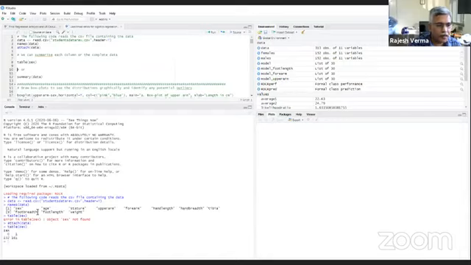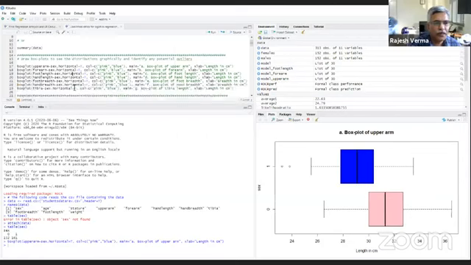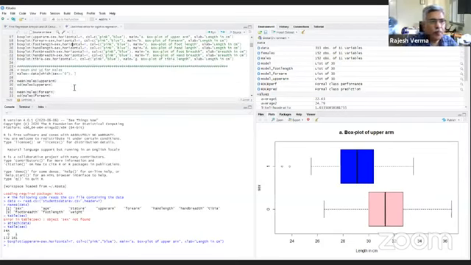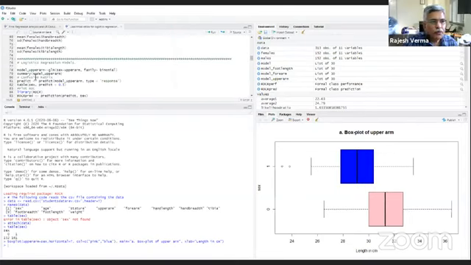There are 152 males and 161 females. Then, like yesterday, we can plot the box plots and do the exploratory pictorial representation.